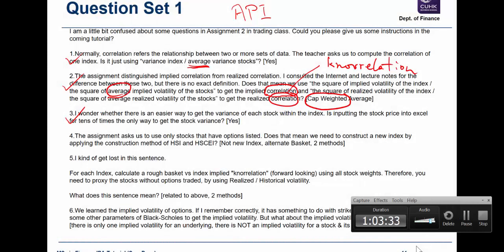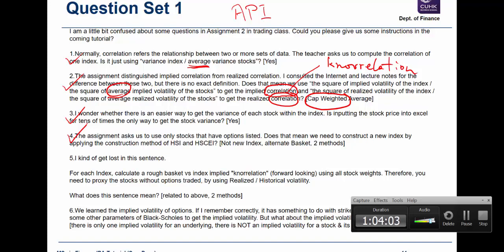What else? I kind of got lost in this sentence. For each index, calculate a rough basket versus index implied vol relation using all stock weights. Therefore, you need to proxy the stocks without options traded by using realized vol. Well, again, it's related to what I just told you.